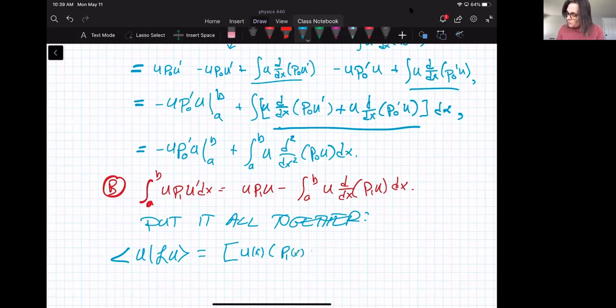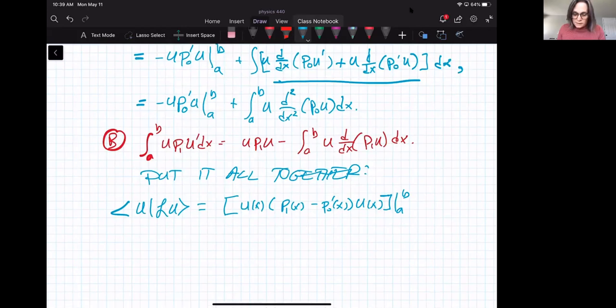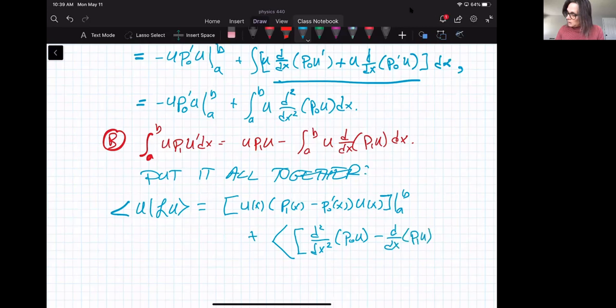So p1 of x minus p naught prime of x times u of x, evaluated from a to b, plus, and I'll write it in bra and ket formalism, d squared/dx squared p naught u minus d/dx p1 u plus p2 u, and then finish off with a ket on u. And this is A.7.